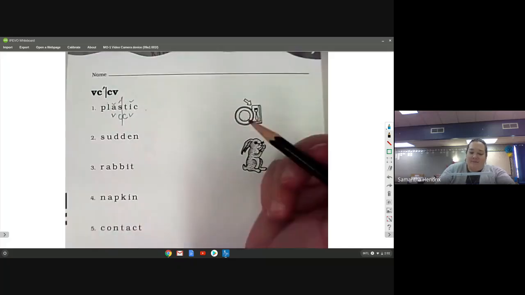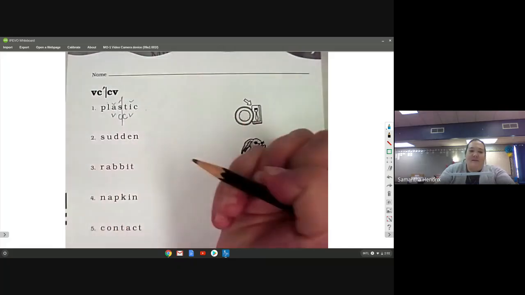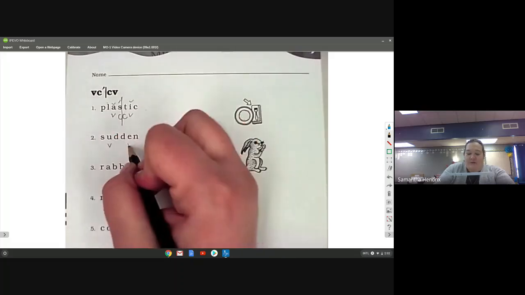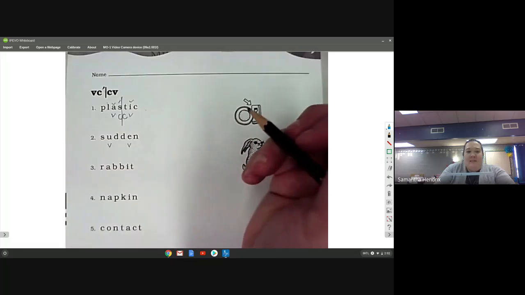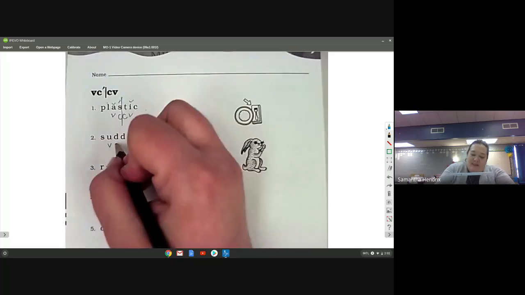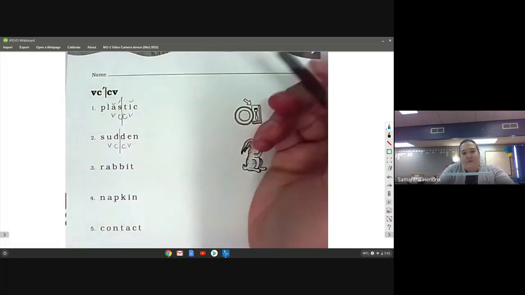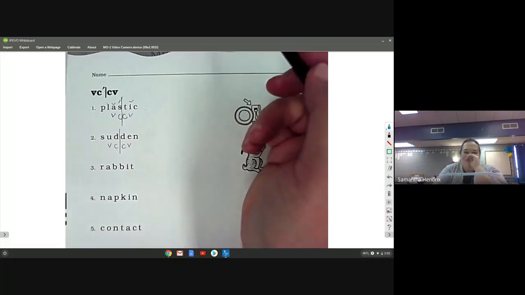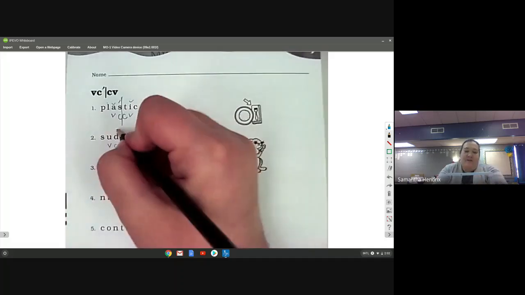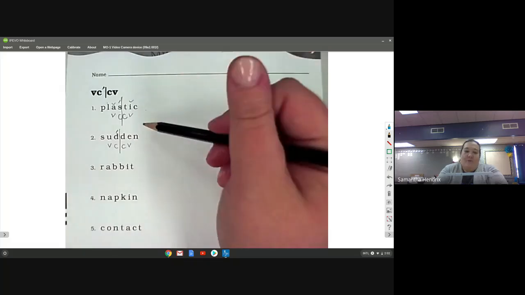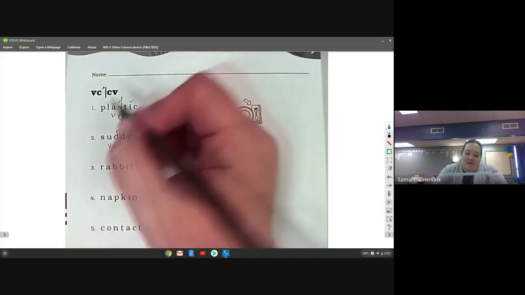Let's do the next one. Where are your vowels? U and E. Where are your consonants between them? D and D. Okay, go ahead and split that word. Okay. The accent is going to go on the first syllable on all of these. And then code your words with your breves.